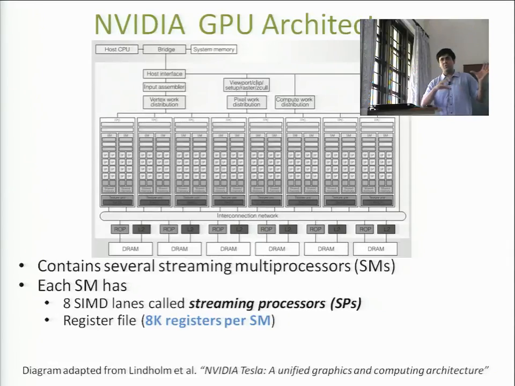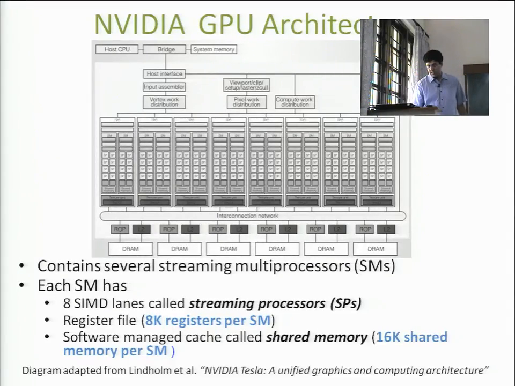So you don't swap threads in and out, you just switch between where in the register file you're reading from. They also have a software managed cache called shared memory, which is a really fast on-chip memory into which the programmer is allowed to read stuff. It's as fast as registers, and the programmer has to read and maintain whatever is in that.